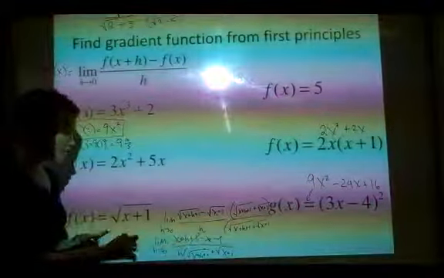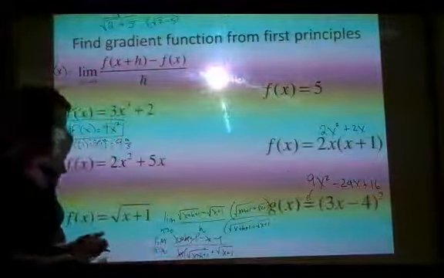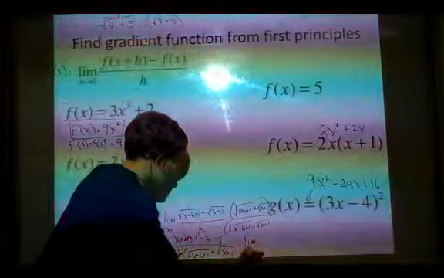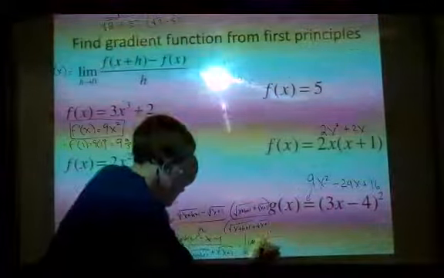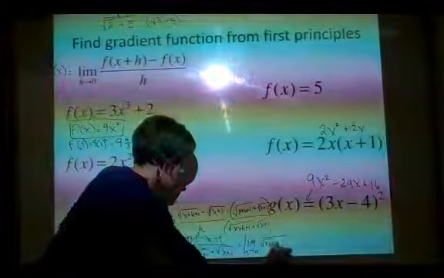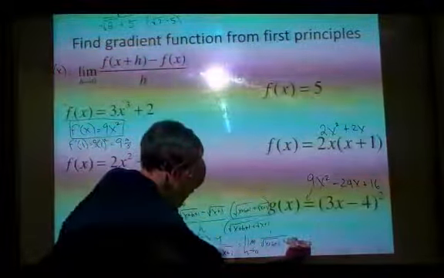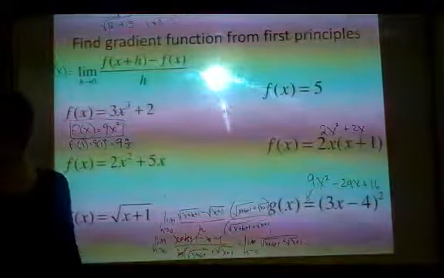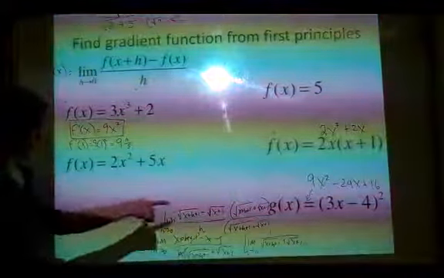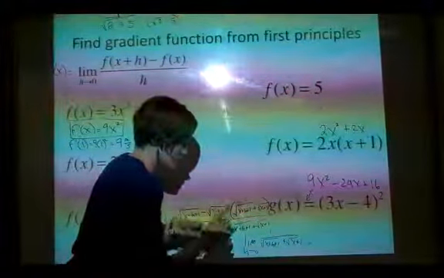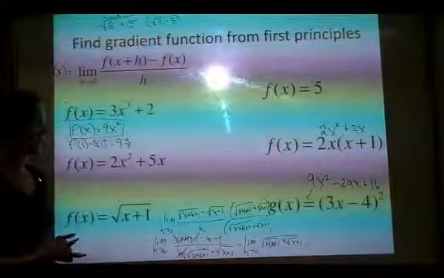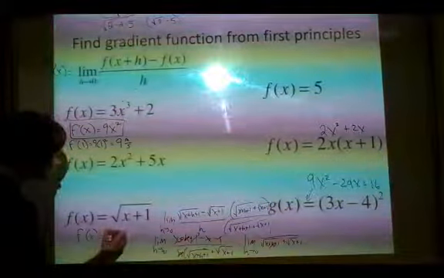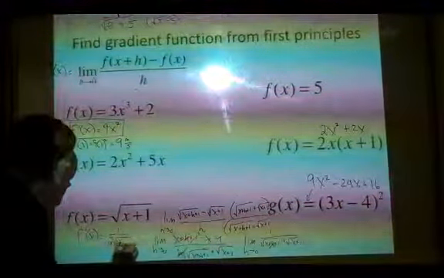I'm just left with h, so I can cancel this h down here. If I want to evaluate that limit, can I plug in 0 for h now? Yes. When I do that, that just goes to 0. I get root x plus 1 plus root x plus 1. So f prime of x is equal to 1 over 2 root x plus 1.